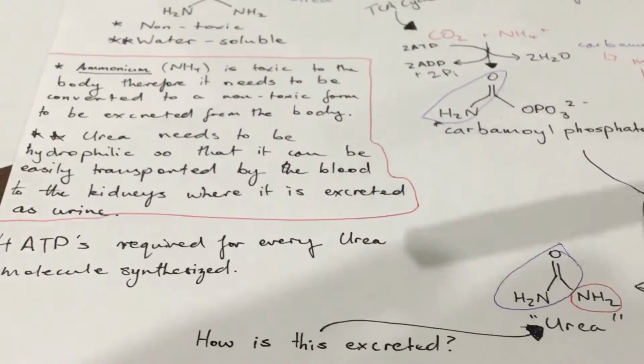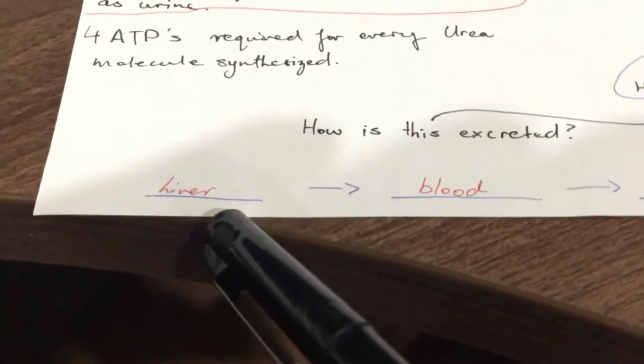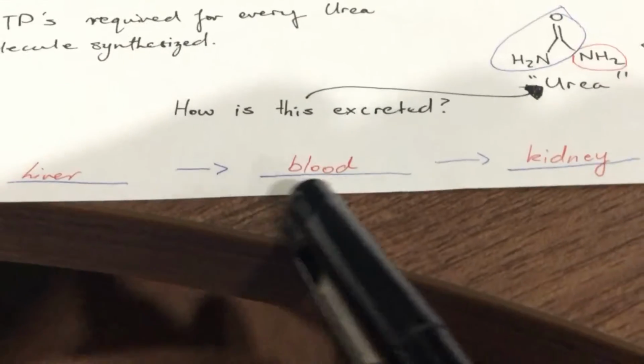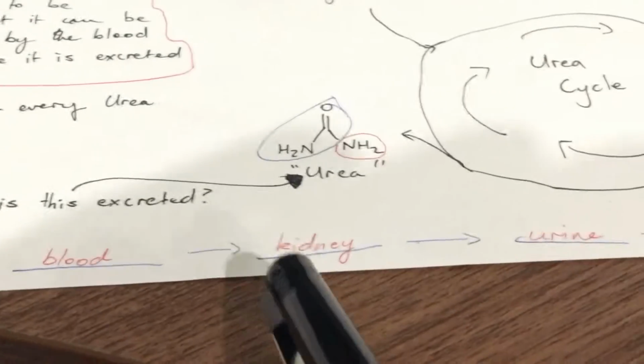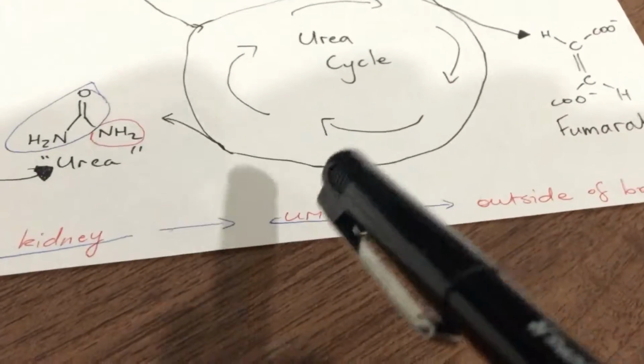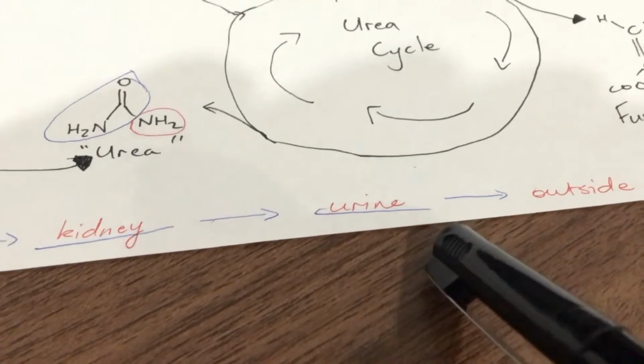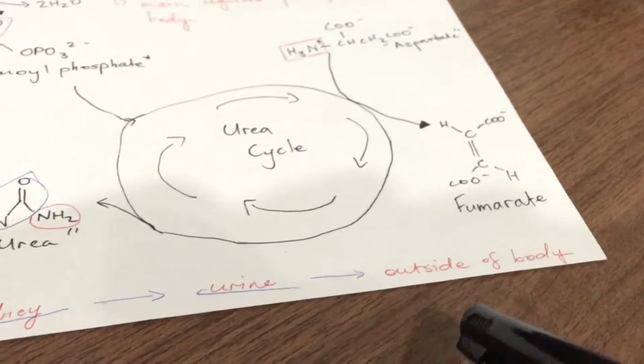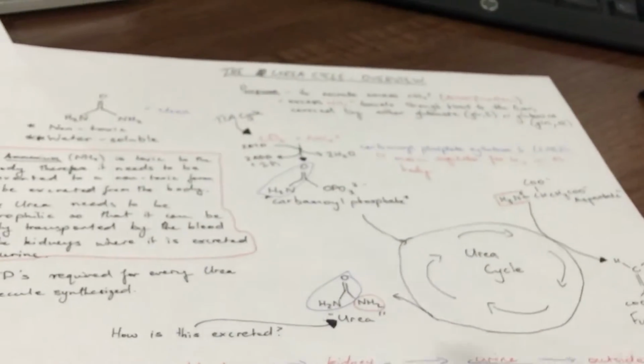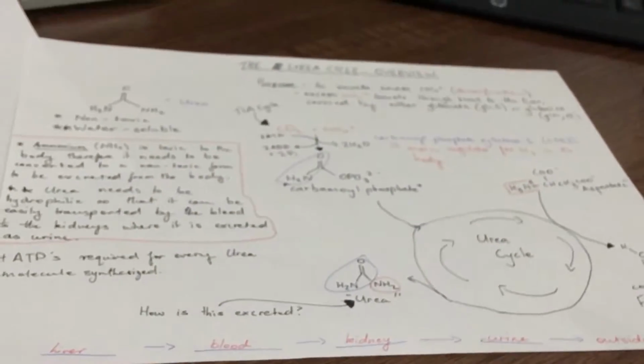So first we have urea. Once it's synthesized in the liver, we go from the liver to the blood, and it can travel through the blood because it's water-soluble, to the kidneys, then to the urine as a primary source of its excretion, and it goes outside of the body. Now, another way that urea can also be excreted from the body is through sweat.